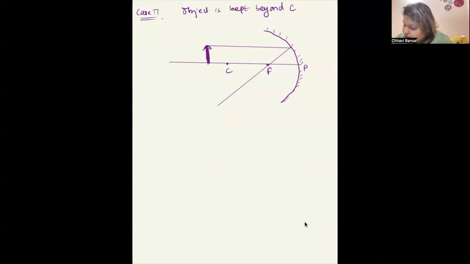And let's see how it reflects. It will become parallel to the principal axis. Okay. Fine. Now, you see these two rays are meeting at this point. So the image will be formed at this point.